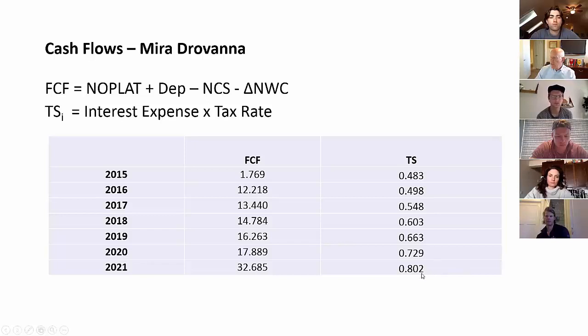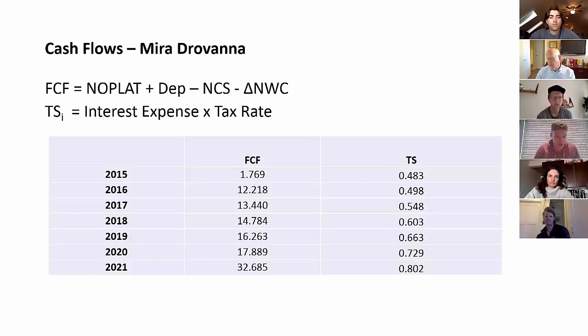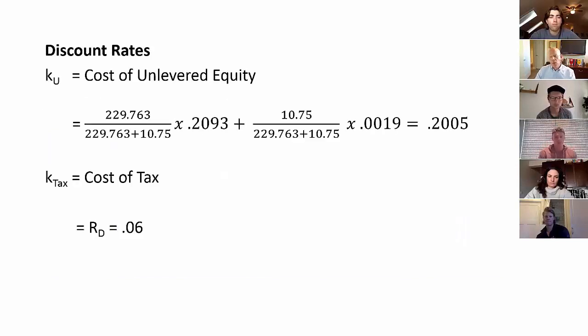Well, I can easily then put all of these values into my model that I'm using, and it's going to give me some outcomes, and we'll look at those outcomes in a couple of minutes. I want to look at how we calculate the cost of unlevered equity and thinking about this cost of tax being the same as the cost of debt for a moment. And we'll look at the spreadsheet for this as well.